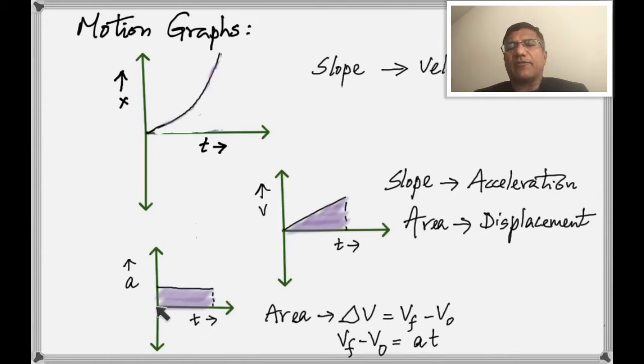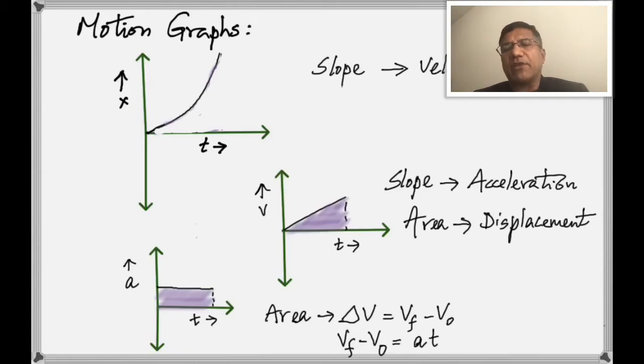And the third graph is the acceleration time graph. In this graph, you can see that the object has a constant acceleration for a certain time. And if you find the area of that graph, you are going to get the change in velocity. Why?